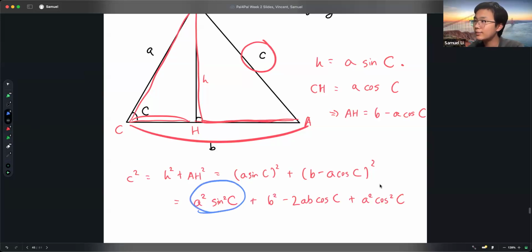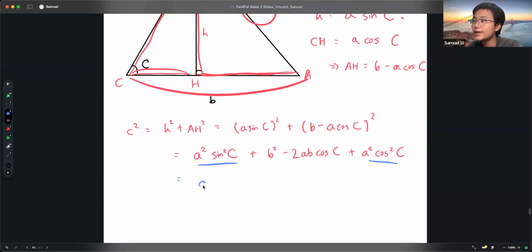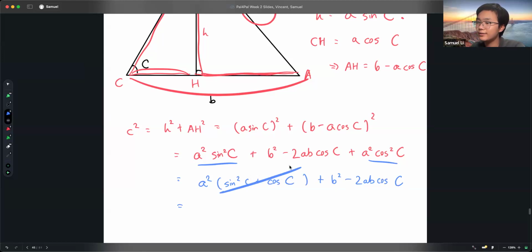Look at this term and this term. If you were to combine them, you would get that A squared times sine squared C plus cosine squared C plus B squared minus 2AB cosine C. And this right here cancels out to be 1.